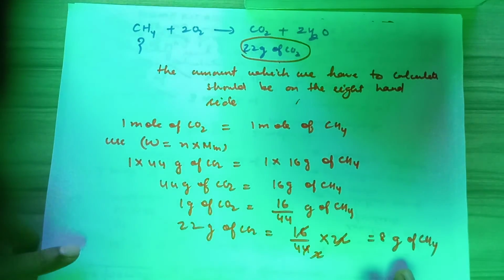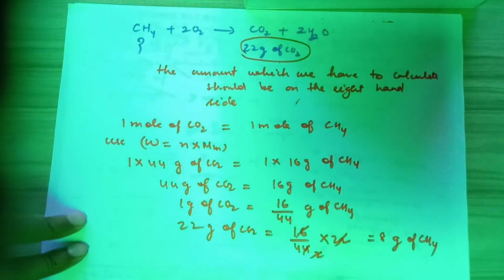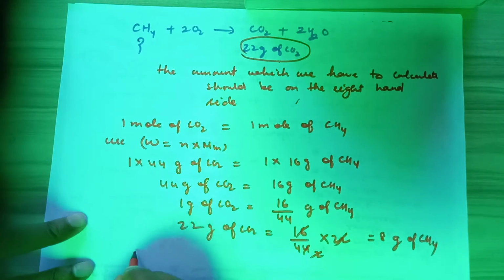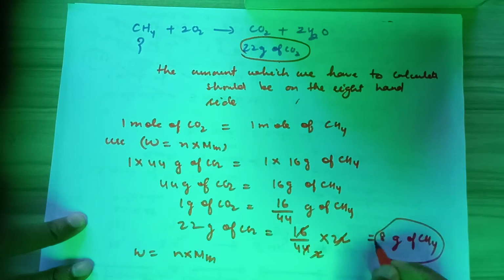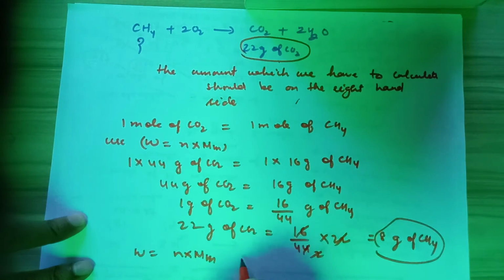And if we want to find it in terms of moles, we have to use W is equal to N into mm and convert this form into number of moles. So it will be N is equal to W by mm. Here W is 8 gram and molar mass of CH4 is 16 gram per mole.